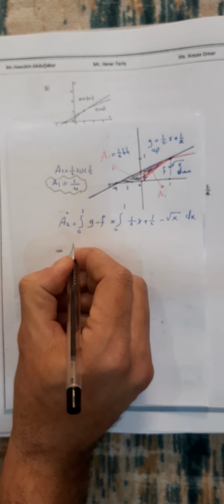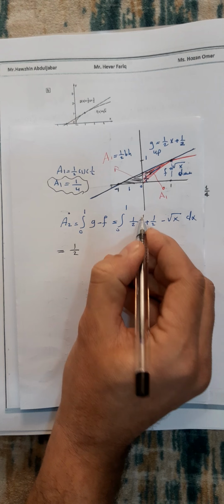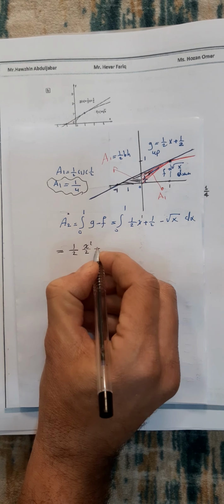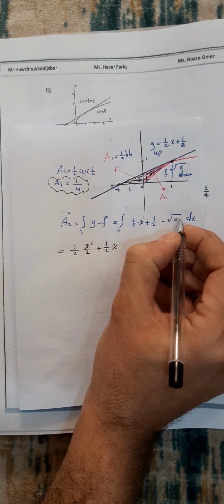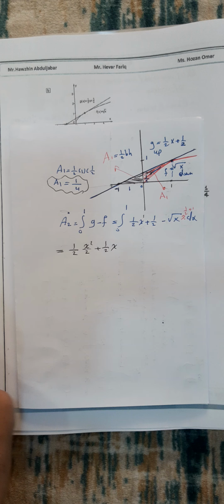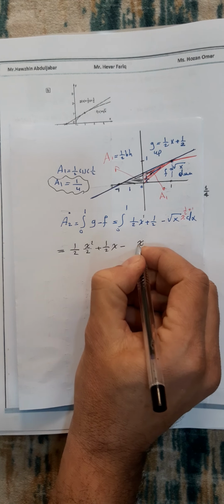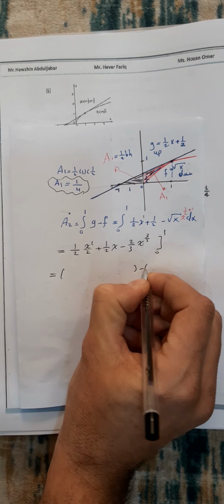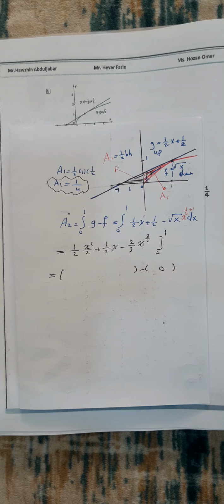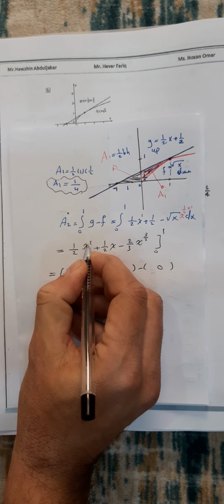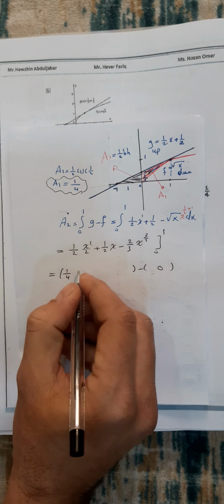So the integral of x to the power 1 is x to the power 2 over 2, so 1 over 2x, and square root x means x to the power 1 over 2, so its integral is x to the power 3 over 2 over 3 over 2, from 0 to 1. Take the first bracket, minus the second bracket, which is equal to 0. So 2 times 2 is 4, 1 to the power 2 is 1, so 1 over 4.